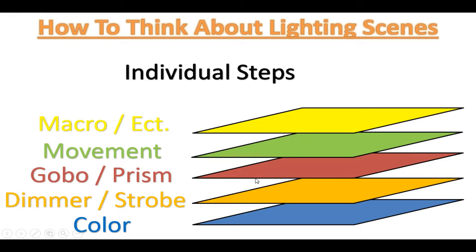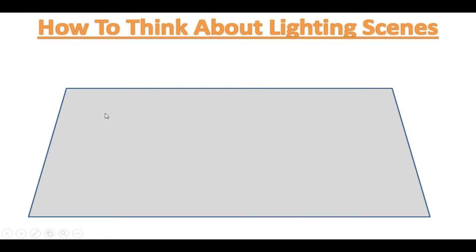So the way this works is, if we picture this as your room, and you decide you want your light to go from here to there, to the center, to the other side, and then back here, these are the 5 steps of movement that your light needs to go to.